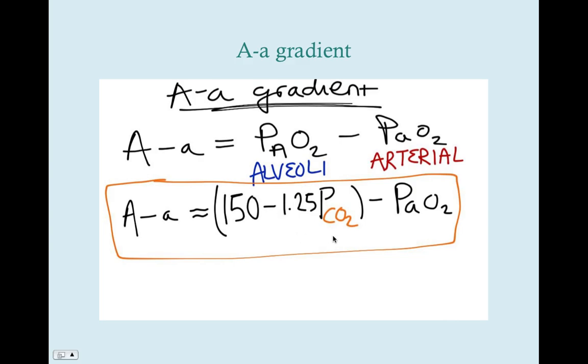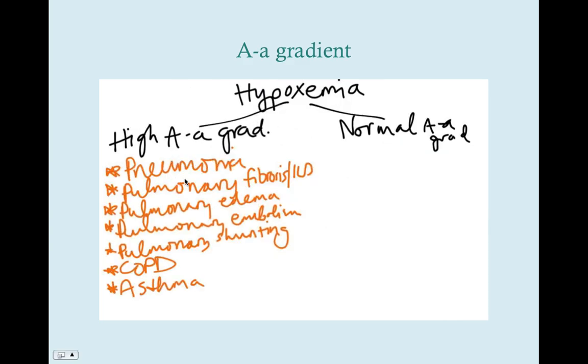And since 1.25 times the partial pressure of CO2 in the artery is going down, then 150 minus 1.25 times PaCO2 is going to be relatively higher, since you're subtracting a lower amount from 150. And so it's going to cause the AA gradient to go up. So any of these things, pneumonia, pulmonary fibrosis, pulmonary edema, pulmonary embolism, pulmonary shunting, COPD, or asthma, they all cause an increase in the AA gradient.